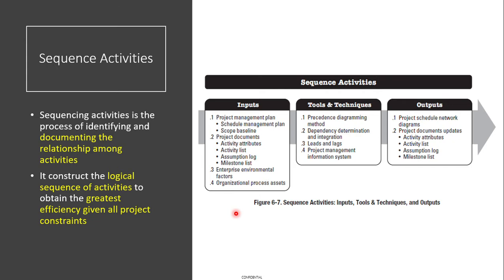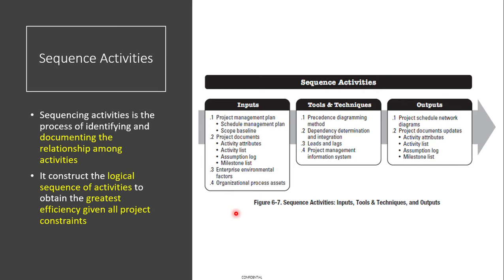Then of course, sequence activities is all about rescheduling your activities properly, so that taking all those constraints into account, you define the most efficient activity sequence that can be performed in order to achieve your project target.